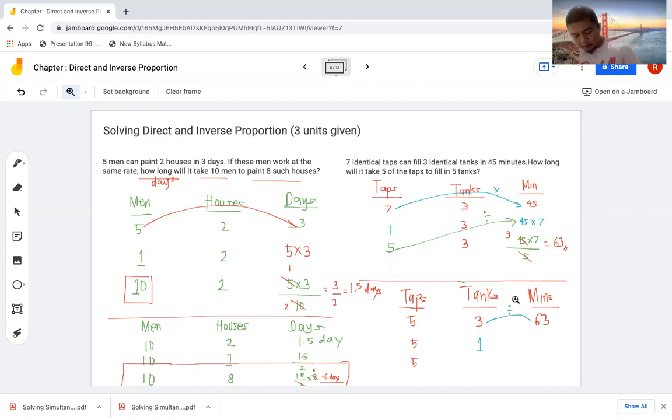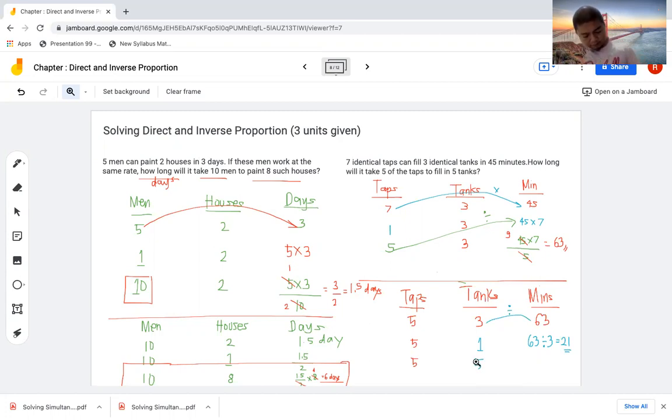So this would mean it's going to give us a calculation of 63 divided by 3, which gives us 21. And since this time we are now going to look for 5 such tanks, what we need to do is to multiply the number of minutes for 1 tank by 5.